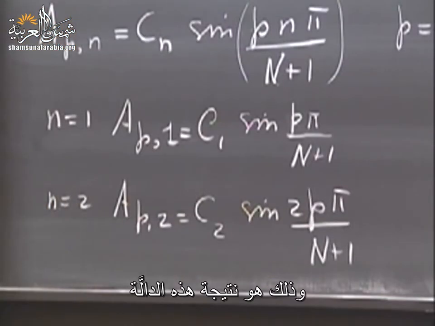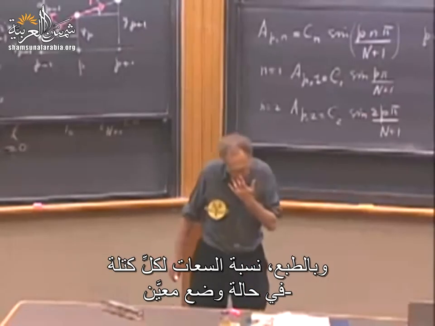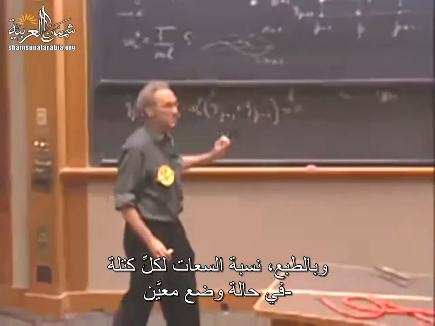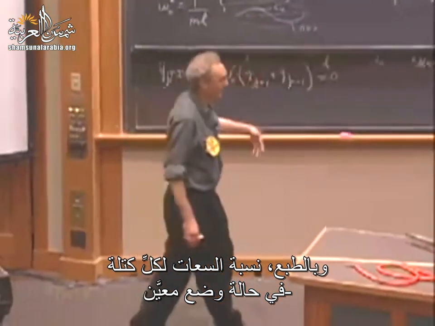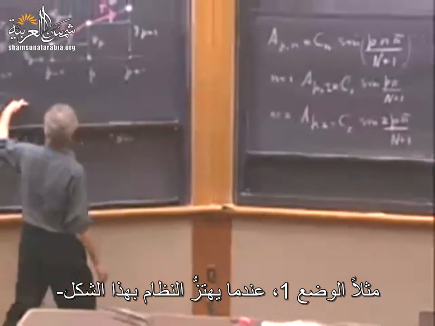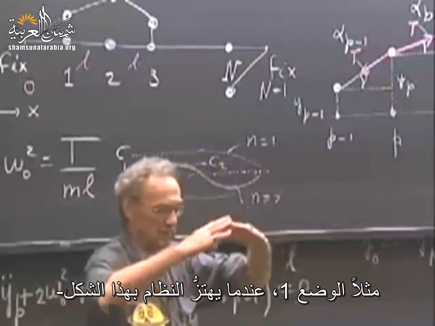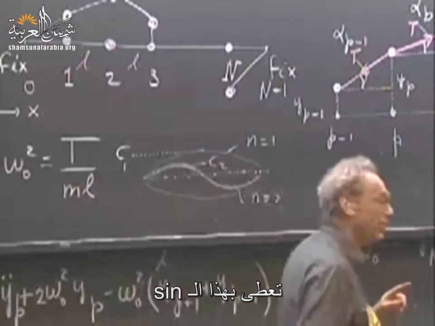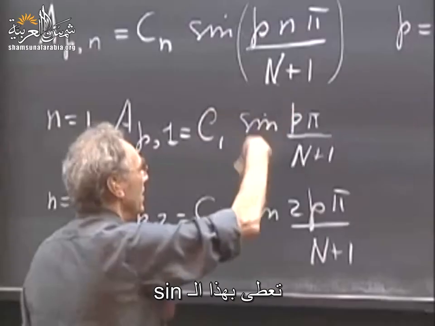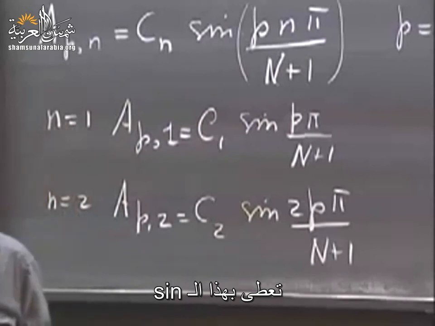And so that is the consequence of the introduction of this function. And of course, the ratios of the individual p's for a particular mode, take for instance mode number 1, when the system is oscillating like this, the ratios of the amplitudes of the individual p's is then given by this sine.